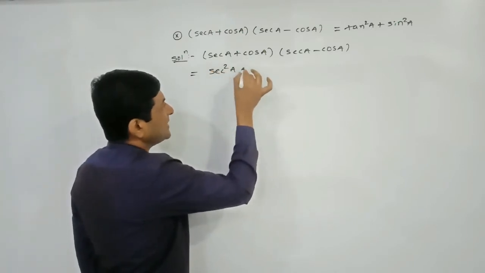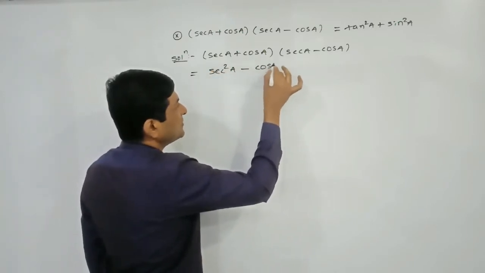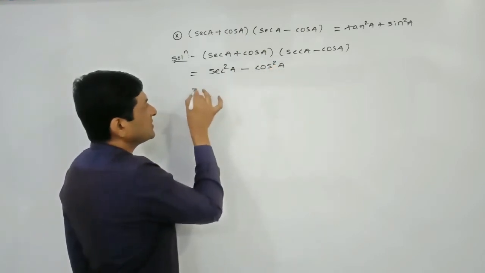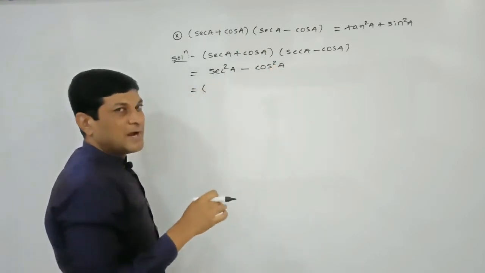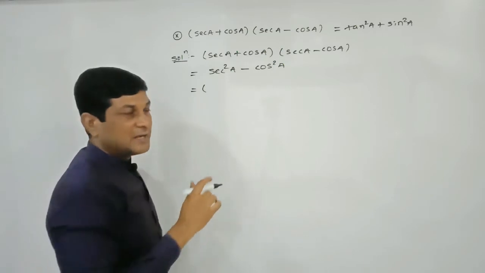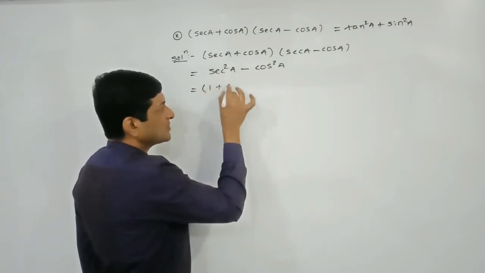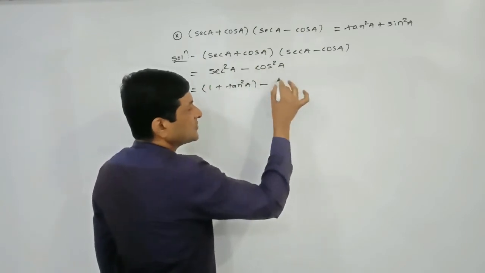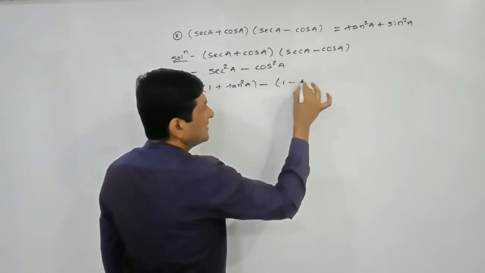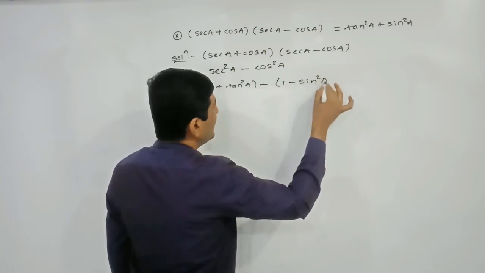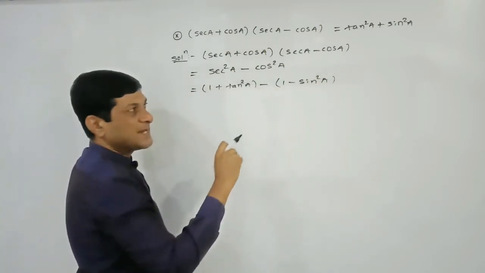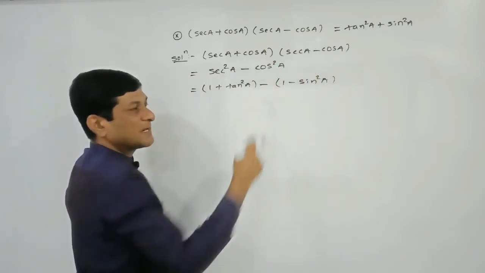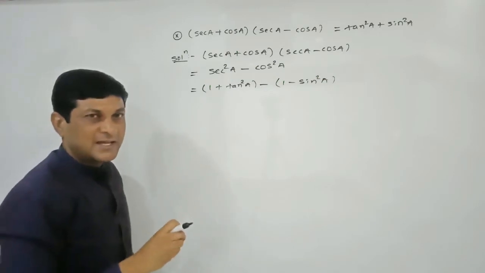Sec A. B square means cos square A. So, which is equal to, according to the identity, sec square A can be written as what? 1 plus tan square A. Minus, keep it as it is, and cos square A can be written as 1 minus sine square A. Why are we converting it in terms of tan and sine? Because our required result is in terms of tan A and sine A.